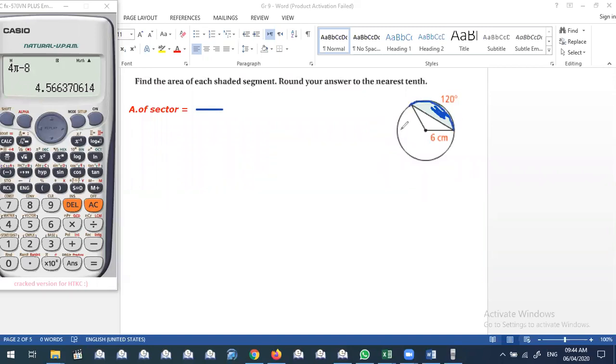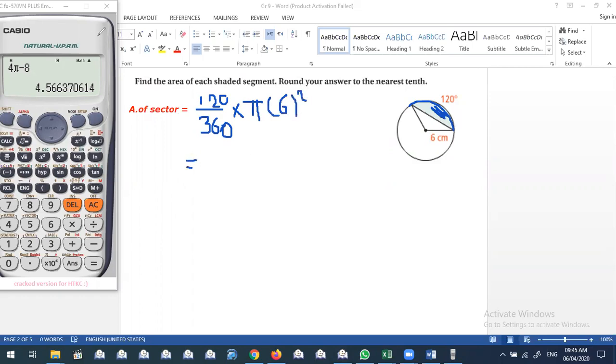This is the arc of the sector, 120 over 360 times pi r squared, where r is 6 power 2.